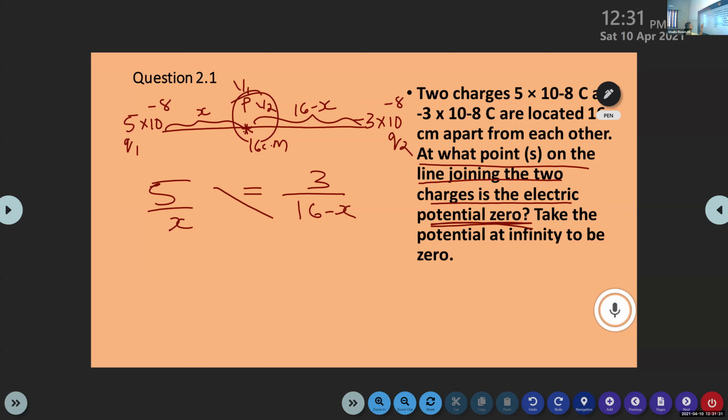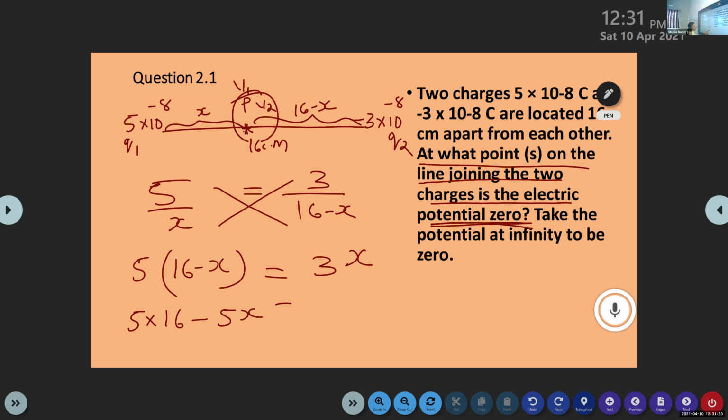Now cross multiply this equation, then it becomes 5 into 16 minus x equals 3x. Or 5 into 16 minus 5x equals 3x.